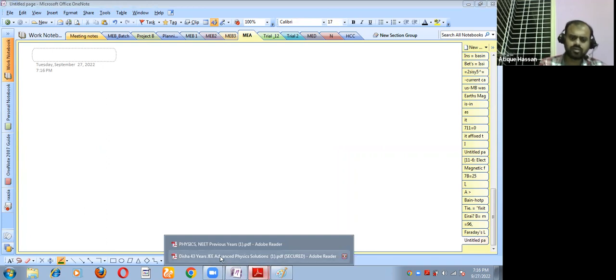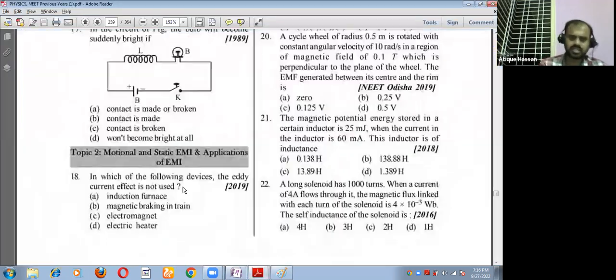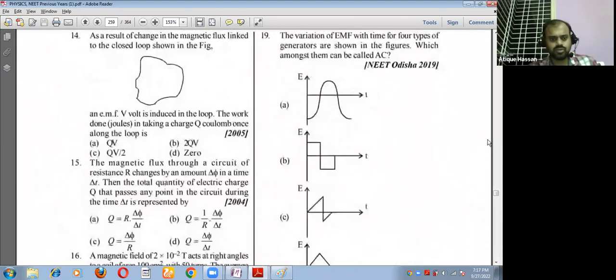So do you have any doubt regarding Faraday's law? I think you should not have any doubt regarding Faraday's law. That is very basic. The concept will come from doing questions only. There is nothing in the law, only the expression is there. So let us do the questions first.